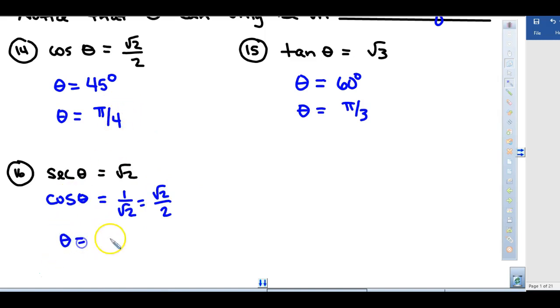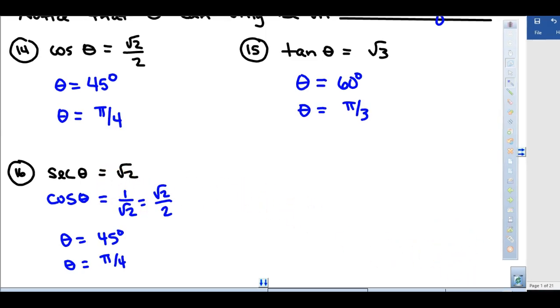So again, theta is going to be 45 degrees, or in radians, it's going to be pi over 4. So I always change secant, cosecant, and cotangent. I flip them and take them back to sine, cosine, and tangent.